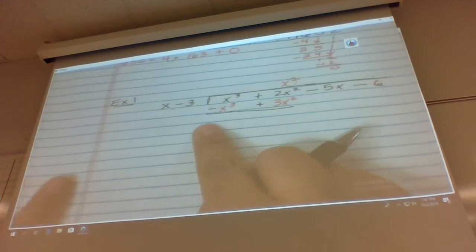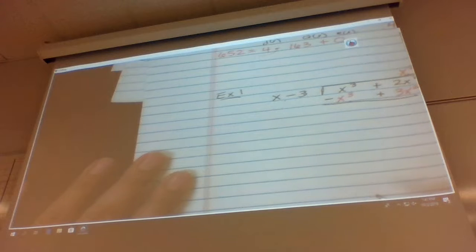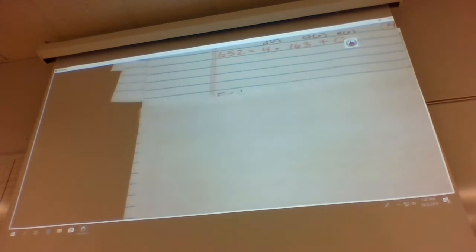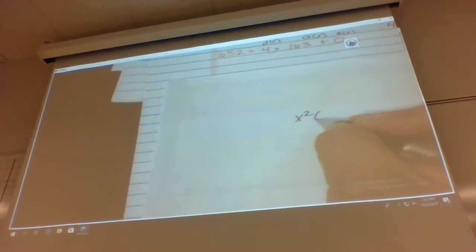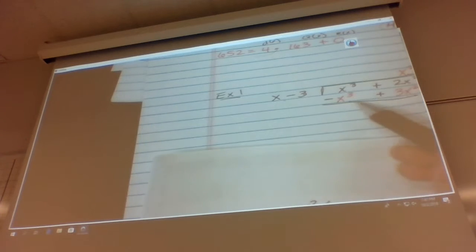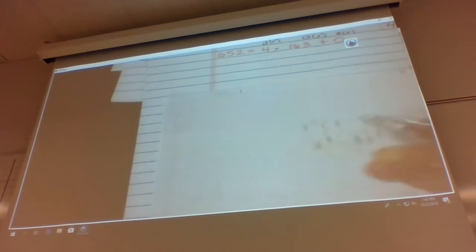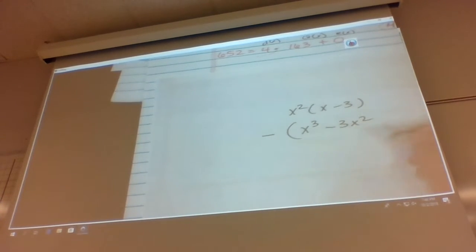So you're originally, I'll paper here. So when you did your x squared times x minus 3, we got the x cubed minus 3x squared, which is what I have here, right? Yes? So when you put it here, I'm supposed to put a subtraction in front of the whole thing.